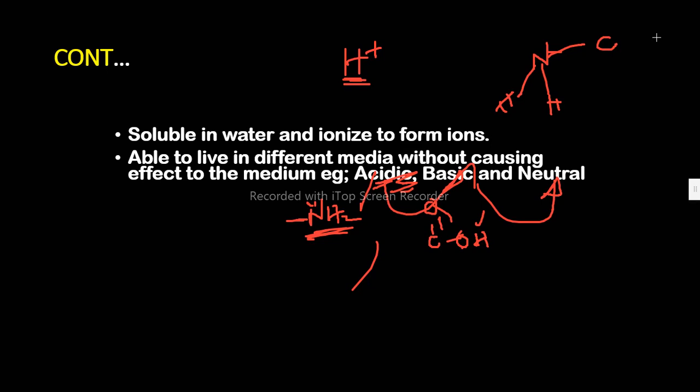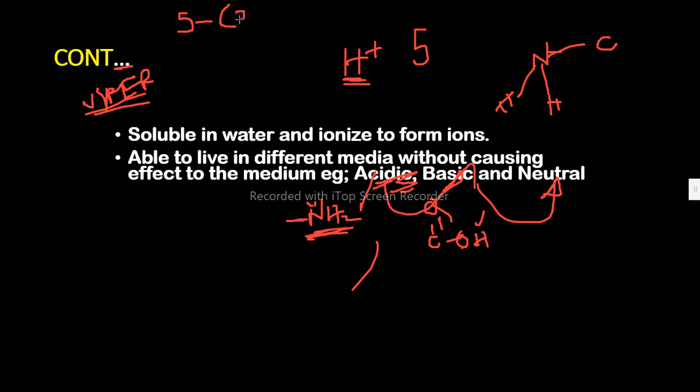Now, nitrogen has 5 electrons in the outermost shell. We shall study this in physical chemistry. If you want to know how many lone pairs of electrons an element will remain with, for example nitrogen, you consider the electrons in the outermost shell, then minus the bond pairs.